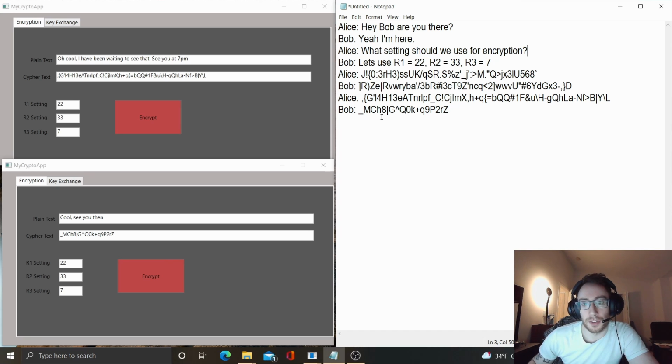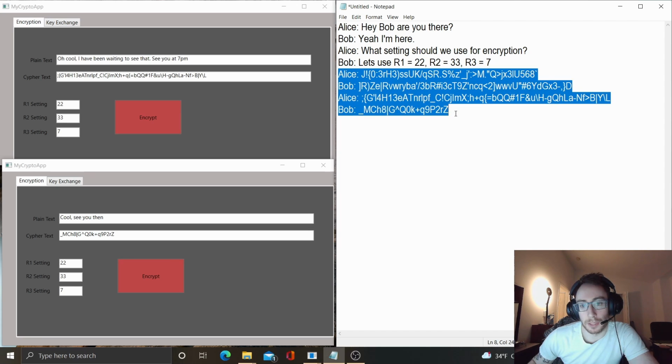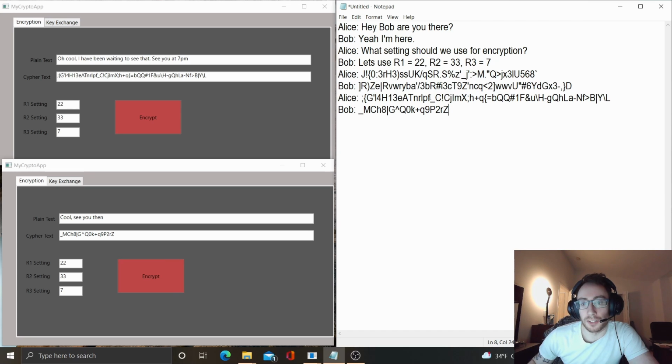Even though this might look like jumbled up stuff that only Bob and Alice can decipher, if this channel isn't secure, this is a lot easier to decipher than you might think, for two main reasons. The first reason is that the settings of the application aren't encrypted at all. So if anyone can read this conversation, they can read the settings perfectly fine.